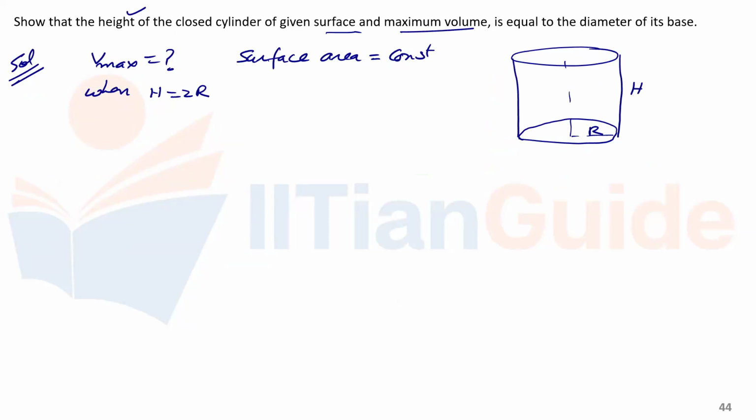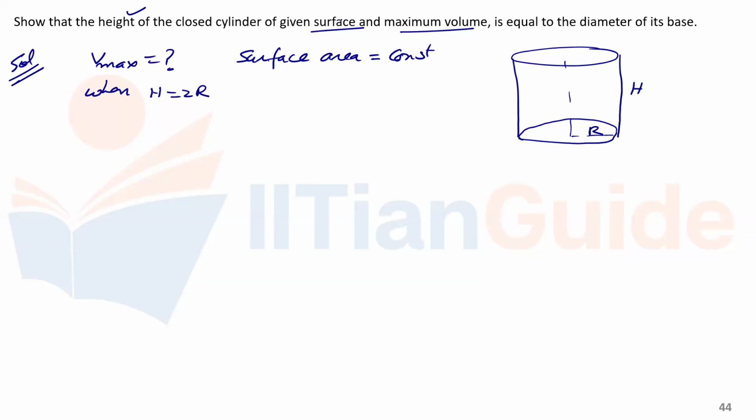But there is a confusion in the question. They have said given surface area. That means curved surface area or total surface area? It is not clear. Am I right or not?